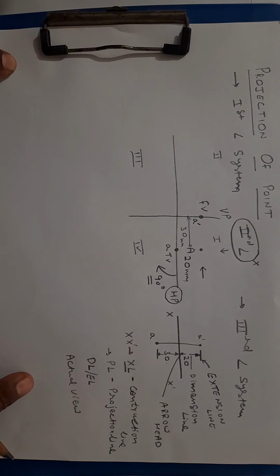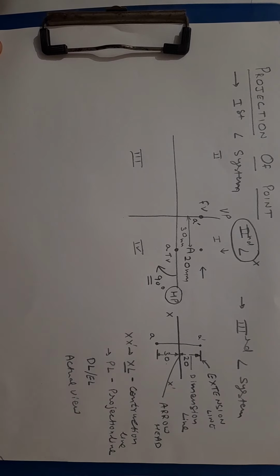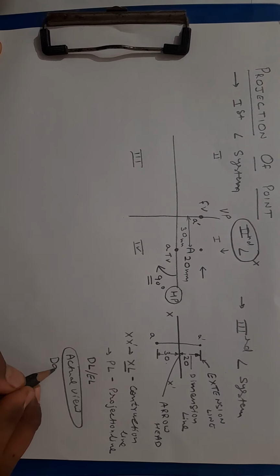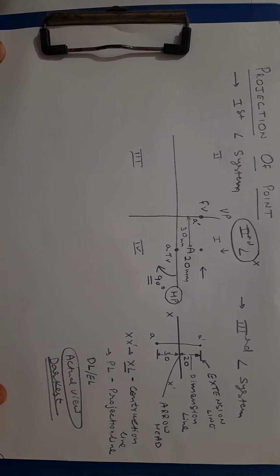In the case of points the actual view is the important thing. Similarly, for a line, plane, solid or surface, the base or the important thing is the actual view. It needs to be the darkest.